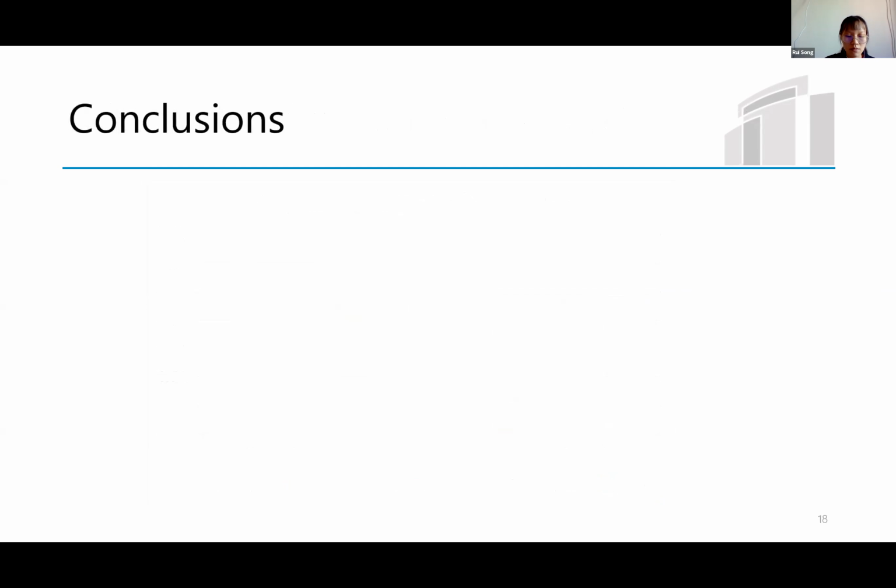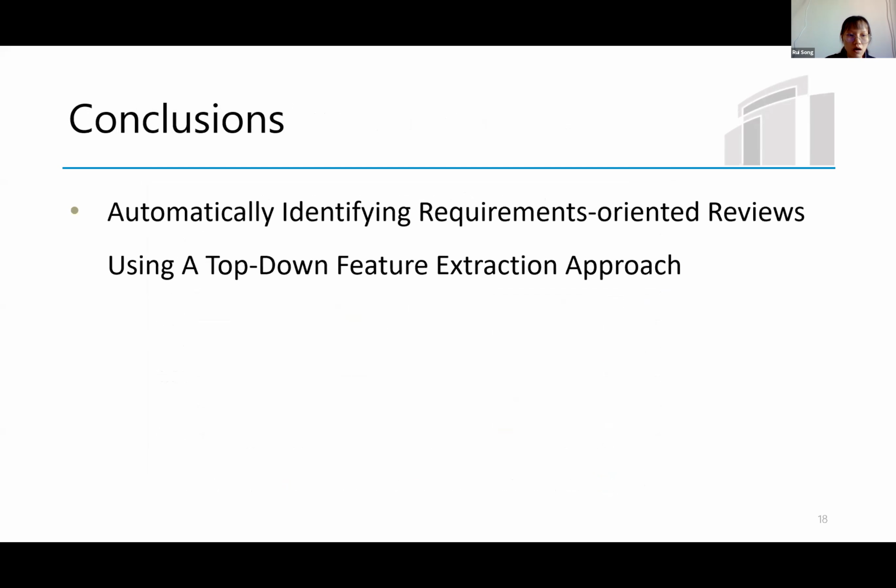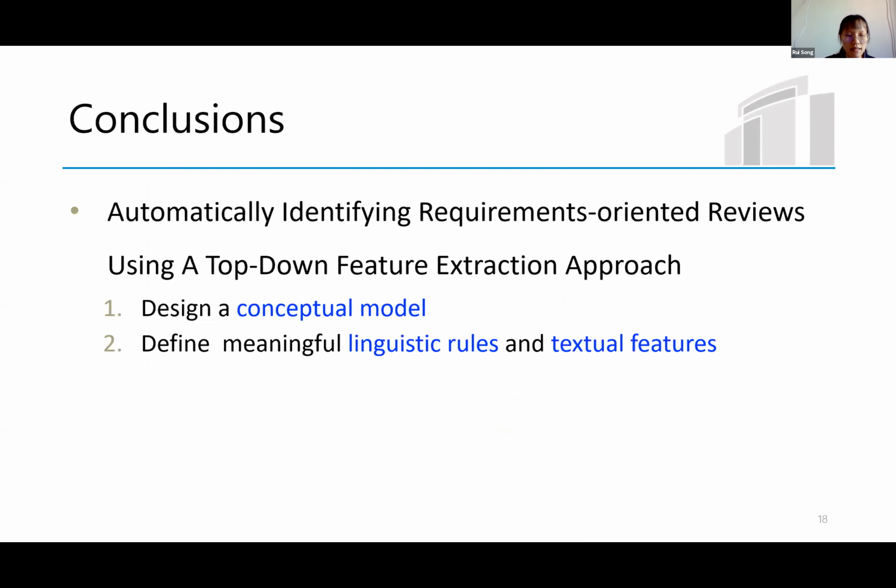At last, let me summarize our work. We propose automatically identifying requirements-oriented reviews using a top-down feature extraction approach. Firstly, we design a concept model. Secondly, we define meaningful linguistic rules and text features.